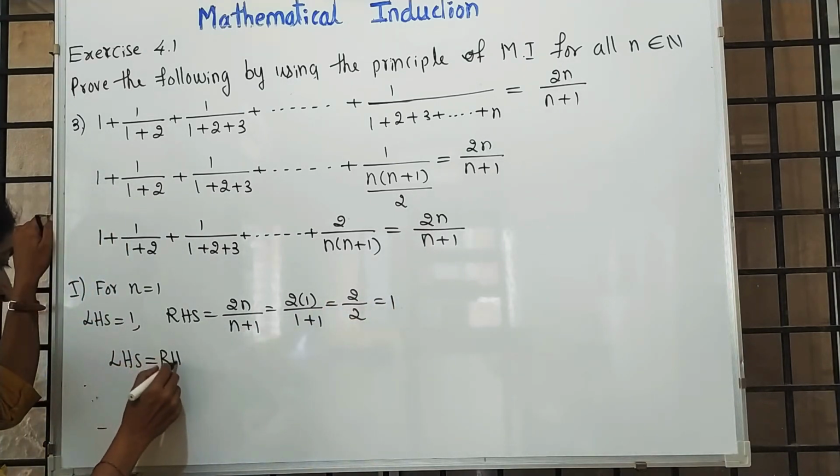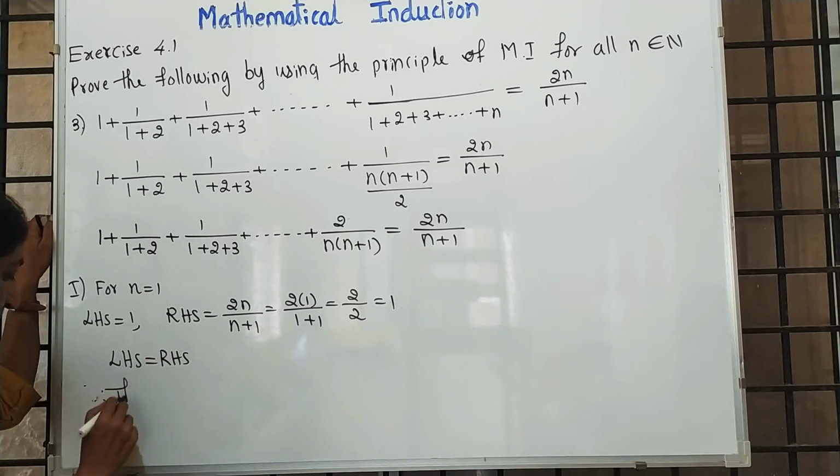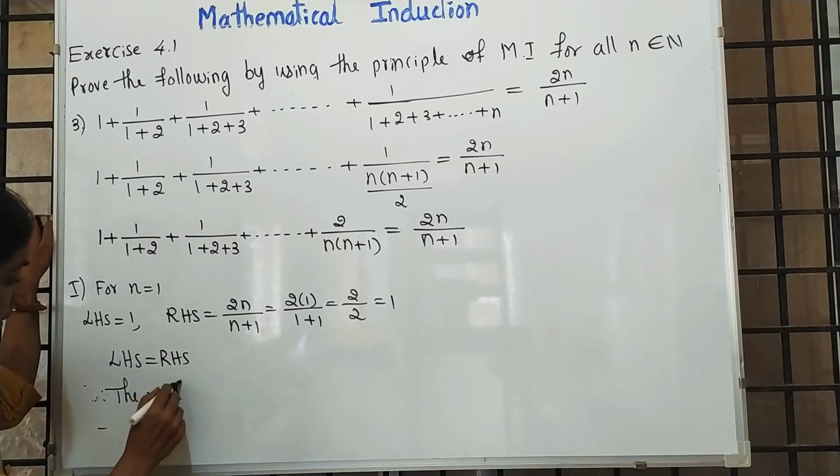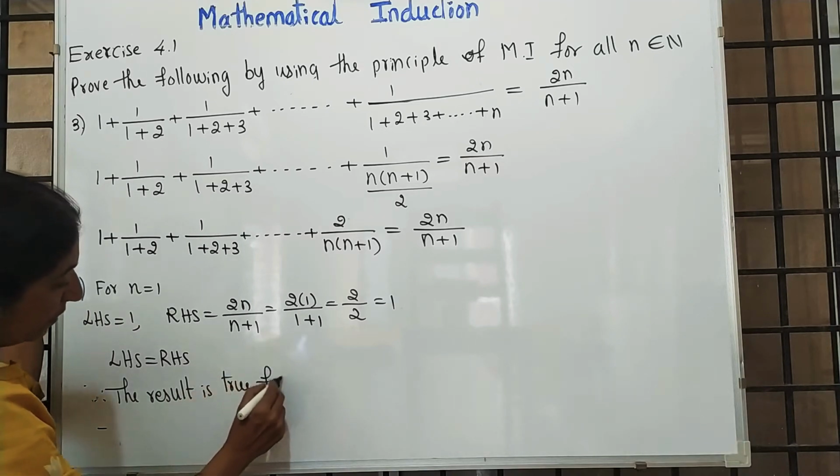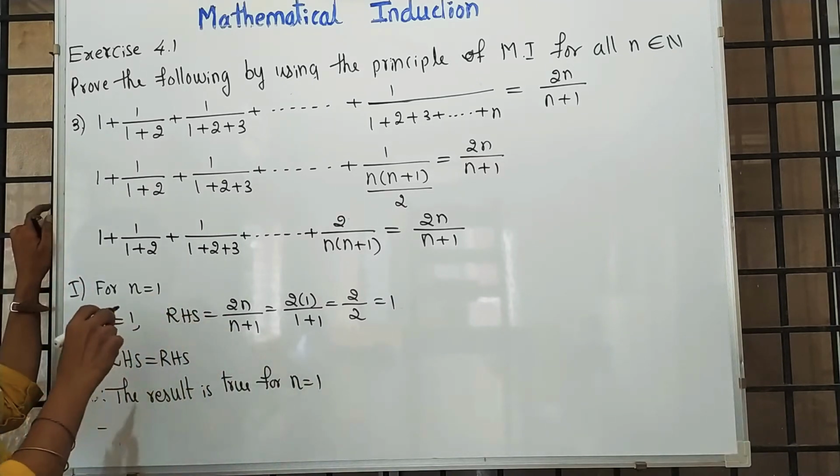LHS is equal to RHS. Therefore, the result is true for n is equal to 1.